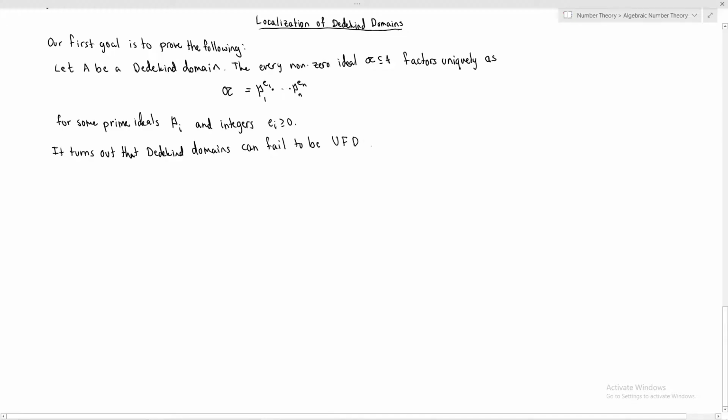So in particular, probably the simplest example is Z adjoined root -5. You probably have checked, maybe in your field theory class, that this ring is not a UFD, and it turns out that this is the ring of integers of Q adjoined root -5. So this is not a UFD.